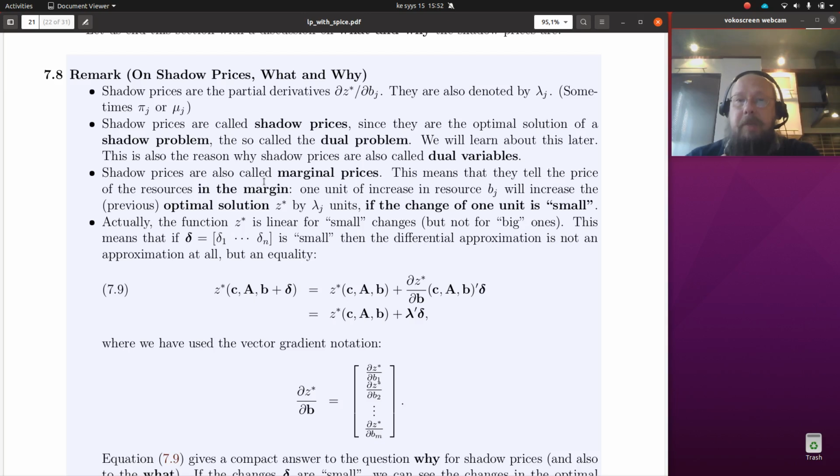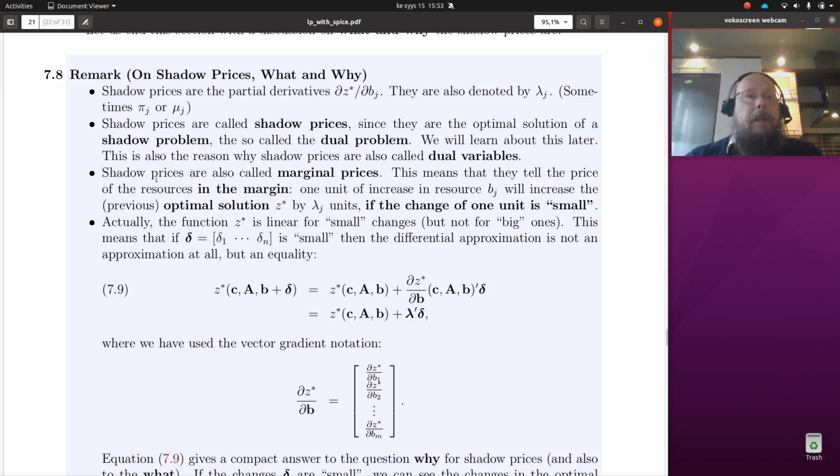So in the margin, meaning that if I get a small increase in some resource, how will it increase my optimal solution? So it will increase it by lambda j. So if I get 1 unit of bj more, and assuming that this change is a small change in this context, then I get lambda j units increase in my optimal solution.